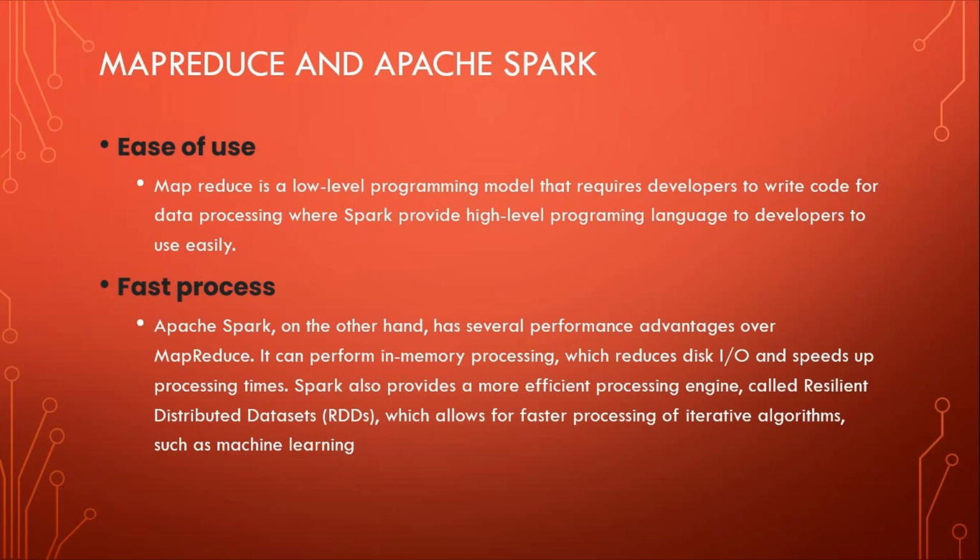And from the fast processing, Apache Spark is faster than MapReduce, and on the other hand, Spark also provides a more efficient processing engine called resilient distributed datasets, which allows for fast processing in iterative algorithms such as machine learning.